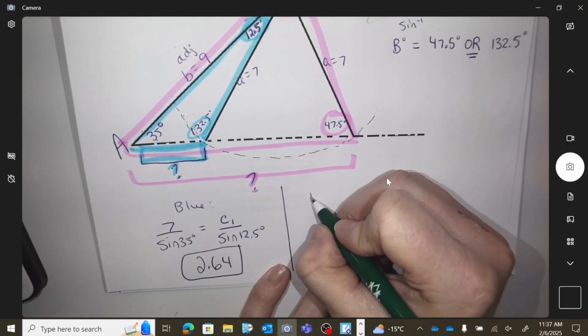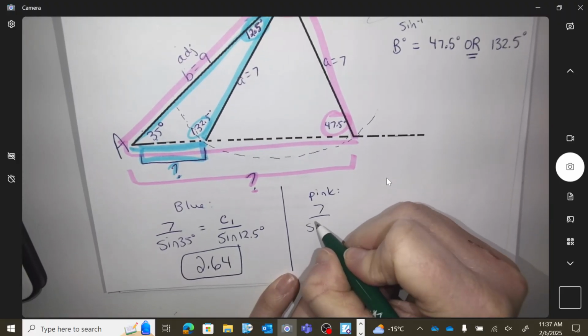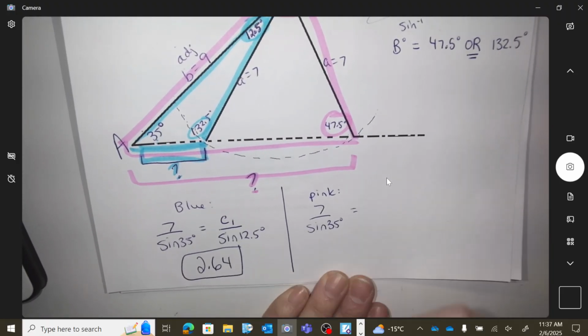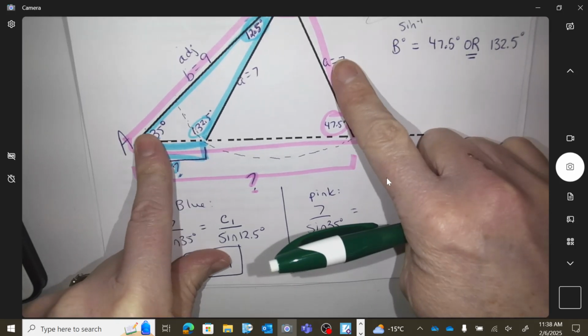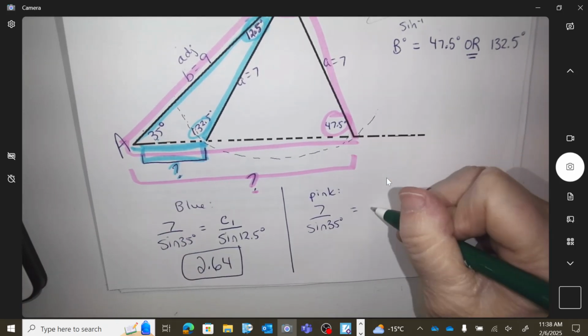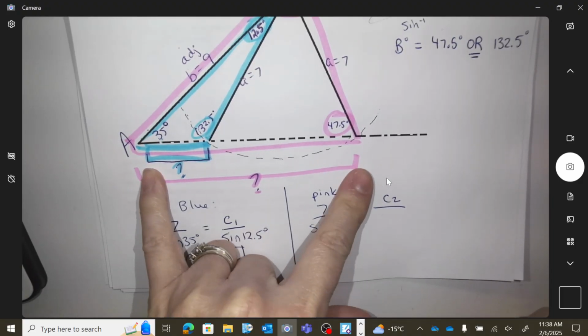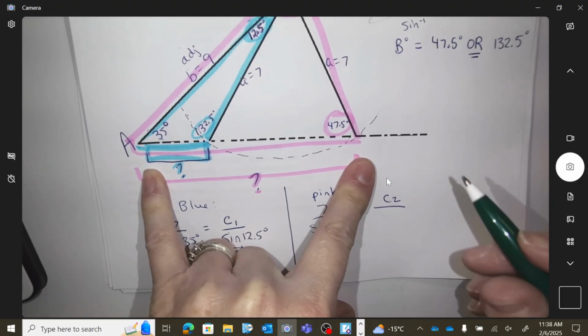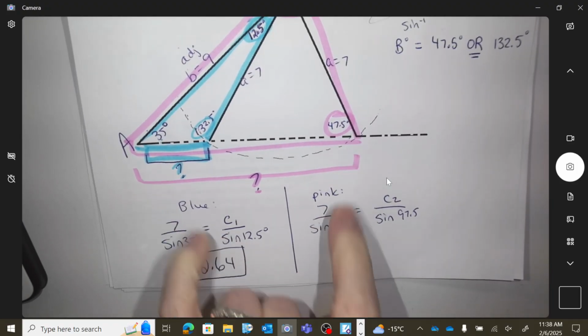Okay. Now I'm going to tackle my pink drawing. I can use 7 and 35 degrees again. That still works, because it's still in that. This time we are finding the side length, and it's across from 97 and a half.